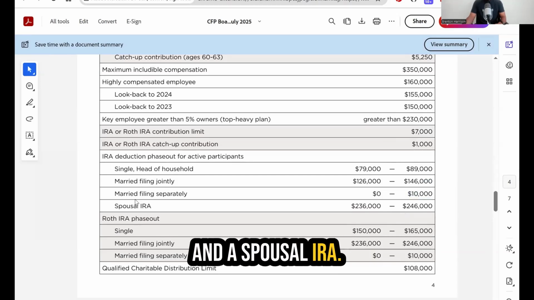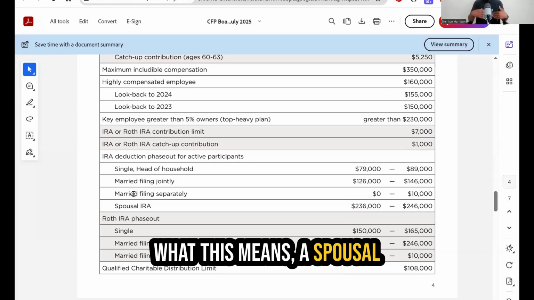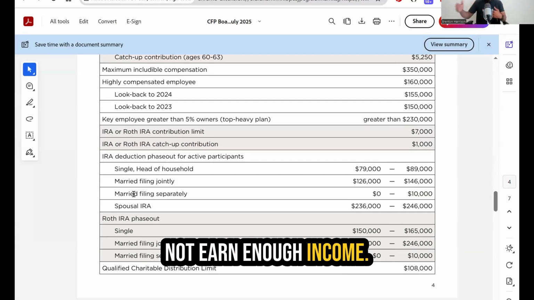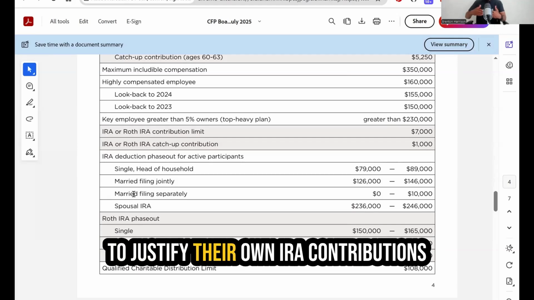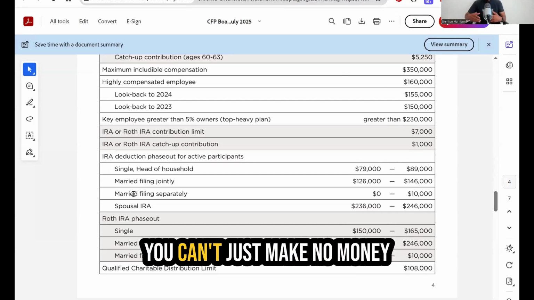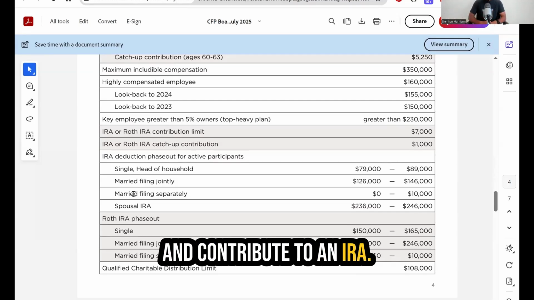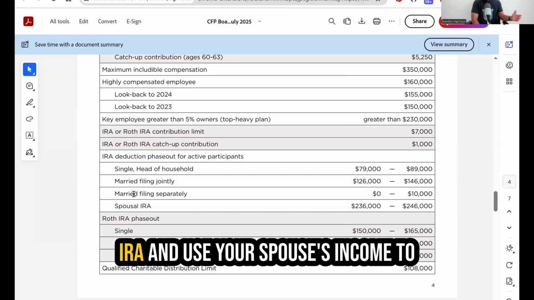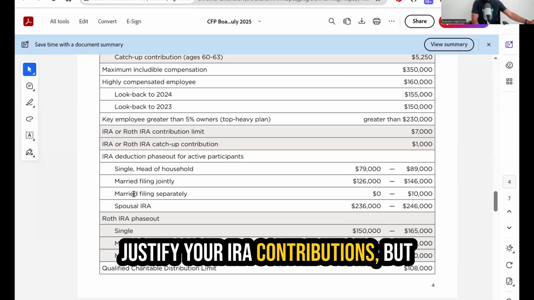And a spousal IRA. What this means, a spousal IRA is for a person who does not earn enough income to justify their own IRA contributions, because IRA contributions have to be based on income. You can't just make no money and contribute to an IRA. However, you can open a spousal IRA and use your spouse's income to justify your IRA contributions.